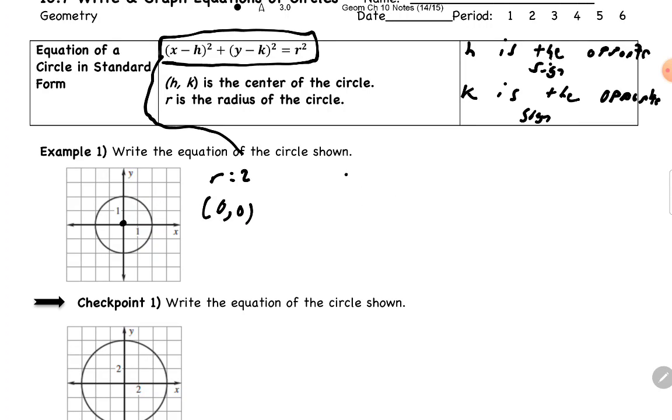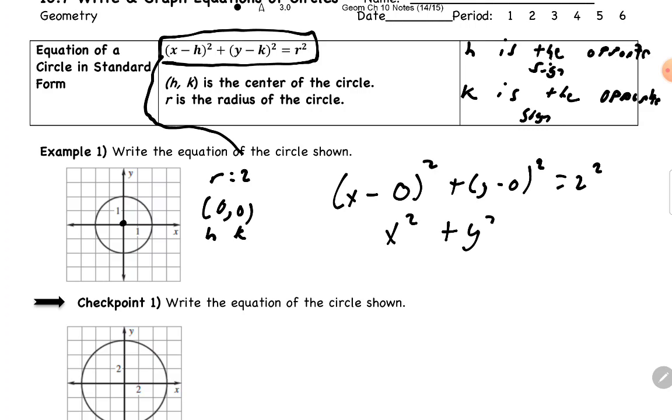So my equation is x minus h. Remember, this is h and k. x minus 0 squared plus y minus 0 squared equals 2 squared. So this will just become x squared plus y squared equals 4. And that's it. We're just writing the equation of the circle. We don't need to solve for x or y.